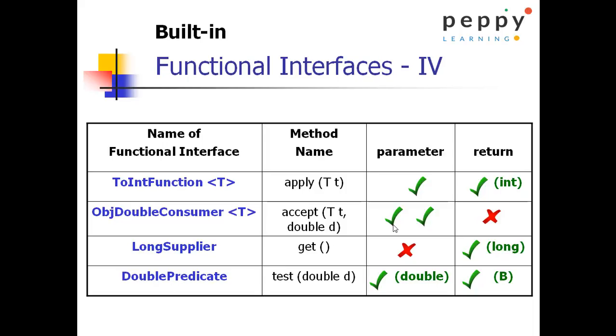Third one, LongSupplier. Supplier does not take any input but returns an output. When you see LongSupplier, the Supplier is returning the long type. DoublePredicate. Here Predicate is used to test the functionality. So in the DoublePredicate, it will take input as double but return a Boolean value.